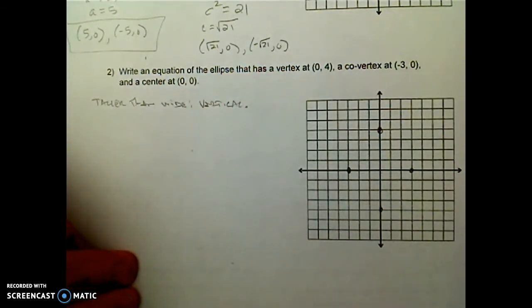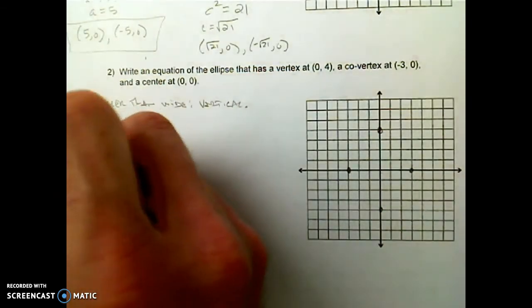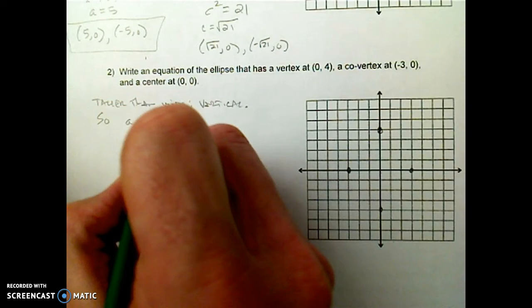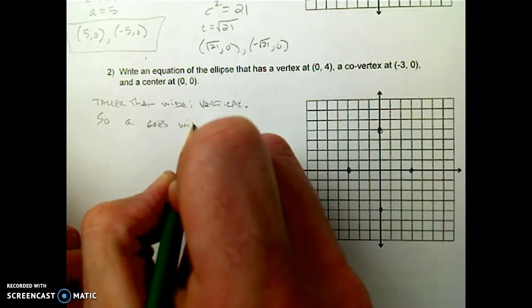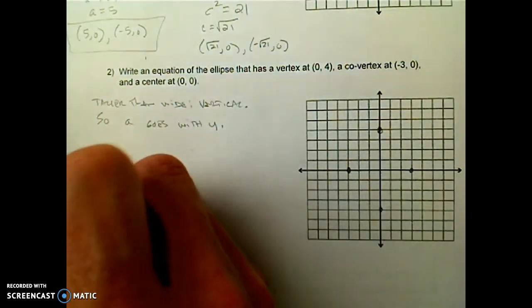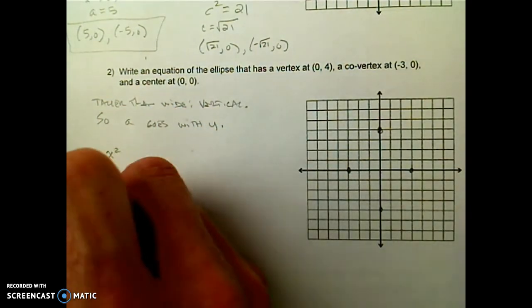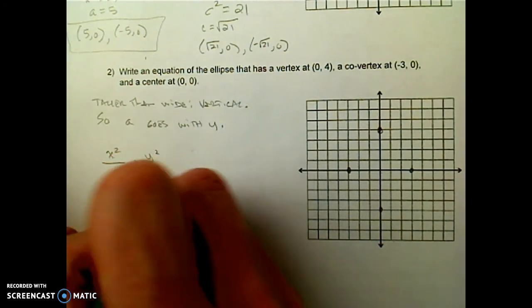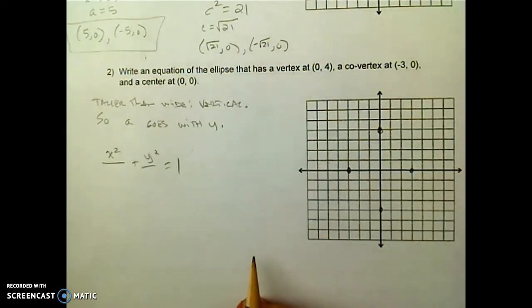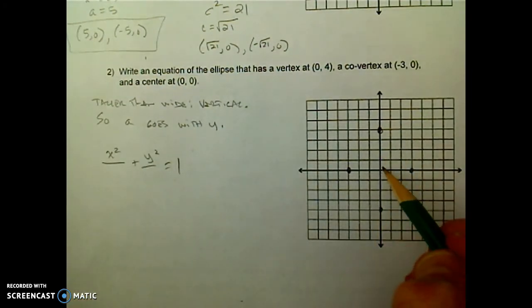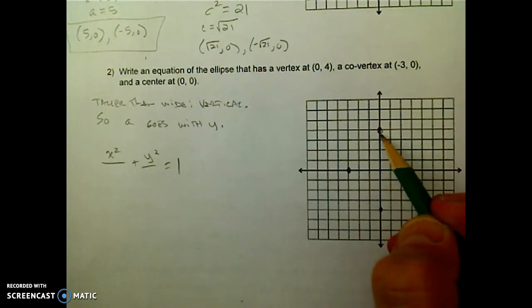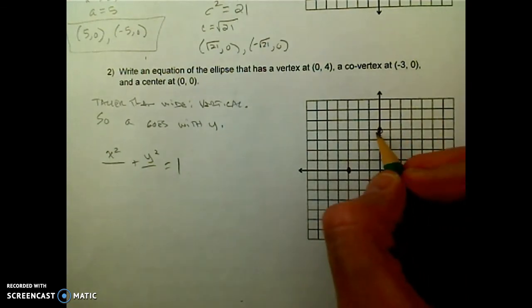Well, so what? What that tells me is that my A is going to go with Y. So I know I'm going to have x squared over something plus y squared over something equals 1. Well, what's my A value? Okay, that's the distance from the center to one of my vertices.